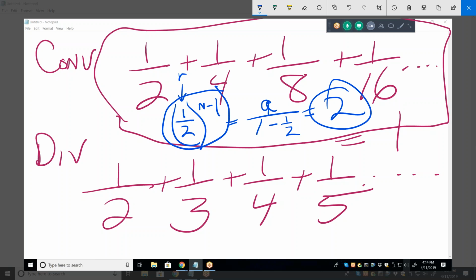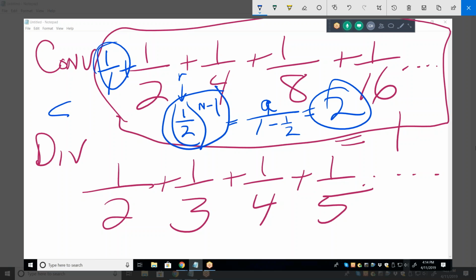Because the convergent series is actually 1 plus 1/2 plus 1/4 plus 1/8. Because when n is 1, 1/2 to the 0 power is 1.